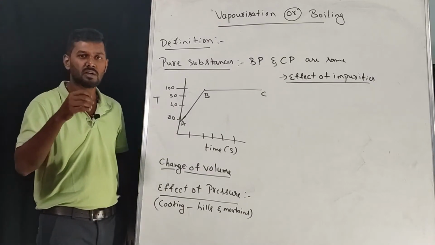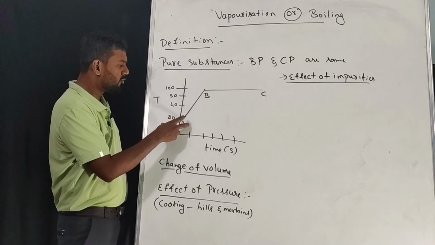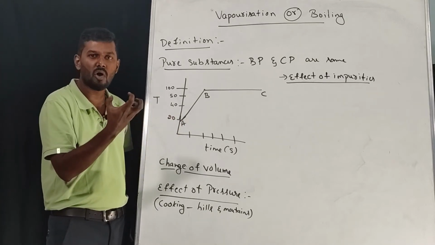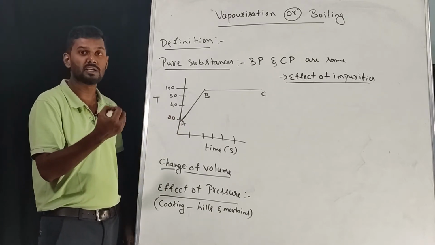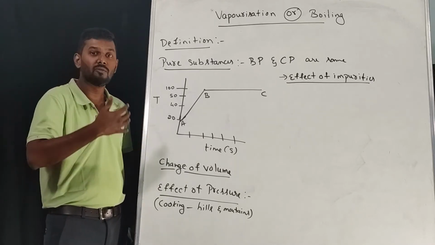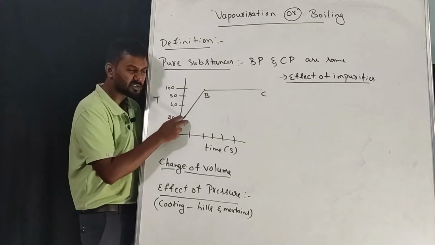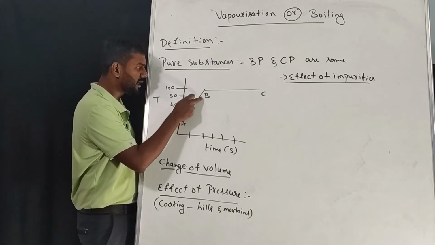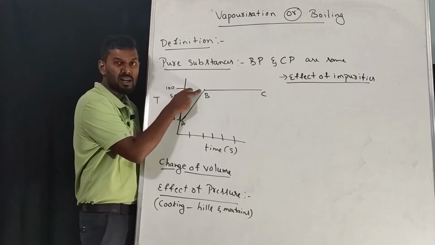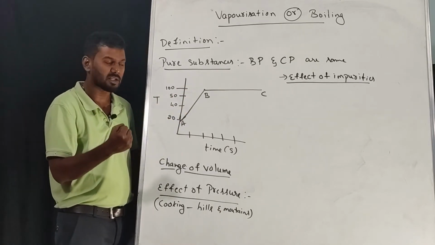When you increase the temperature of the flask by giving heat, the water inside the flask will keep on absorbing the heat energy. I told you in the basics, whenever the temperature rises, it absorbs heat energy. The temperature of water will keep on increasing until 100.